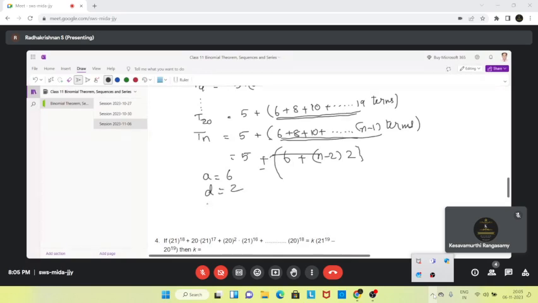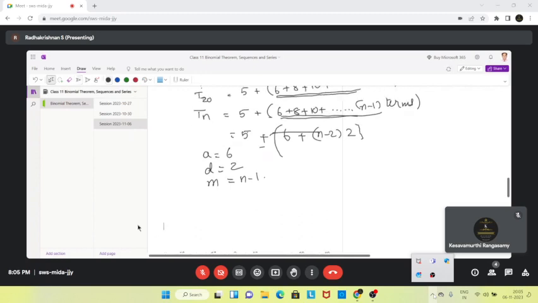Let us say m is the number of terms here, equal to n minus 1, because I don't want to use the same n, it will be confusing. So what is your sum to m terms here? We have to find out the mth term.